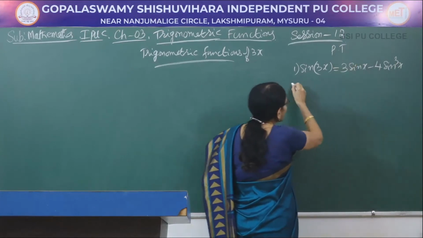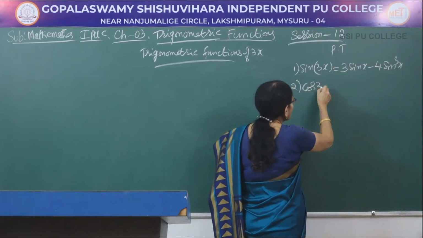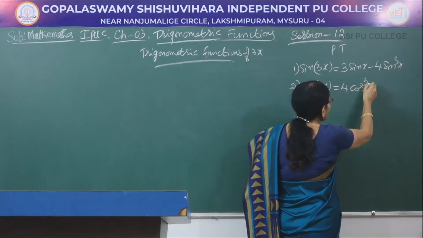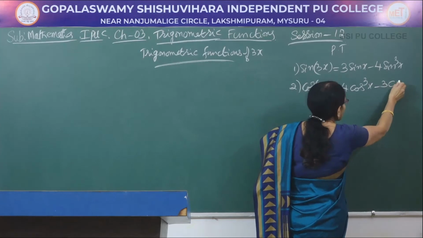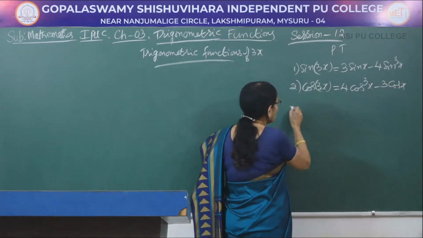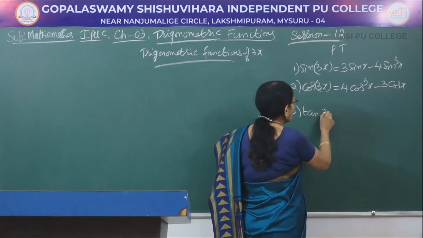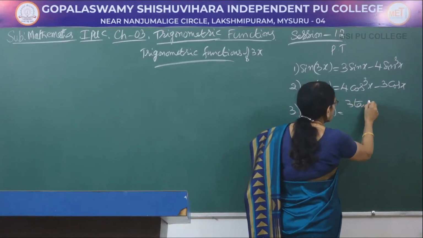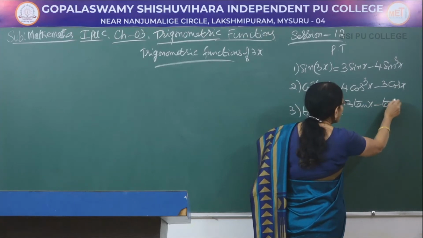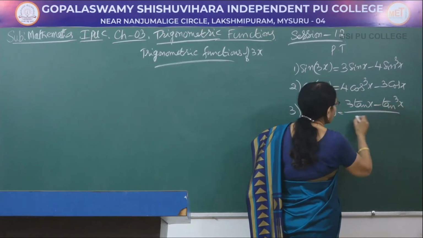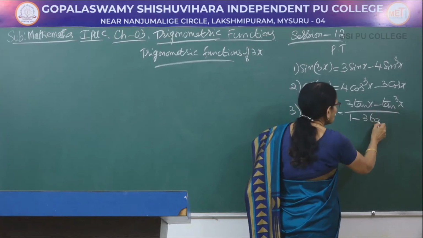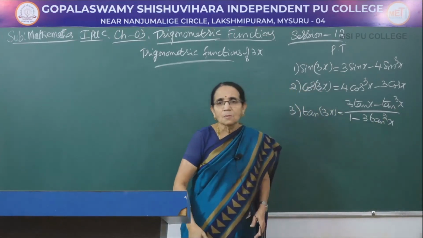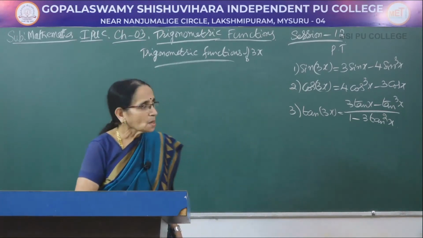Now cos of 3x is equal to 4 cos cube x minus 3 cos x, and then the third one, tan of 3x would be equal to 3 tan x minus tan cube x divided by 1 minus 3 tan square x. Now these are the three formulae which I am going to derive.